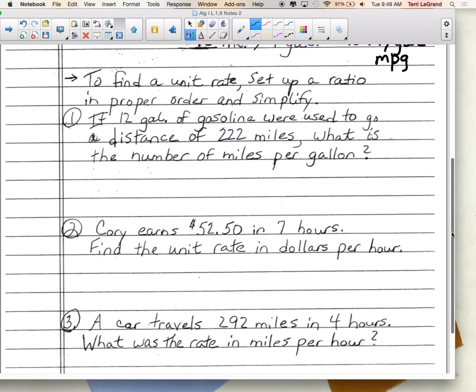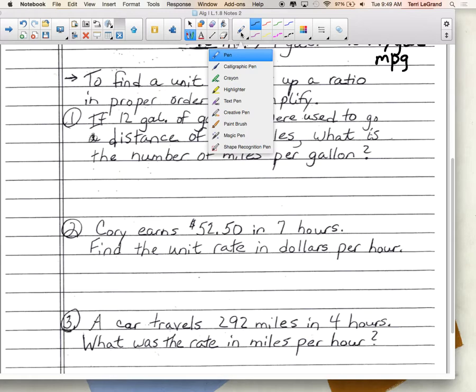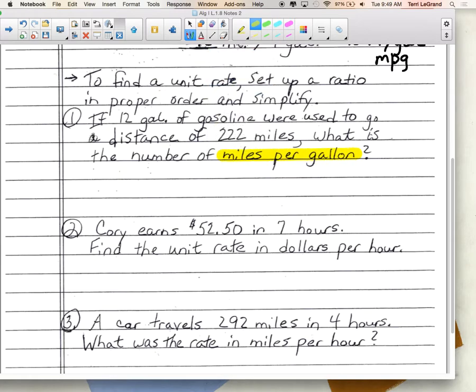That's really important that we look for that. So in this number 1, if 12 gallons of gasoline were used to go a distance of 222 miles, what is the number of miles per gallon? The important thing first is to recognize this is how they want it. Miles per gallon. So miles has to be the numerator or the denominator? It has to be the numerator in our ratio, also known as a rate.